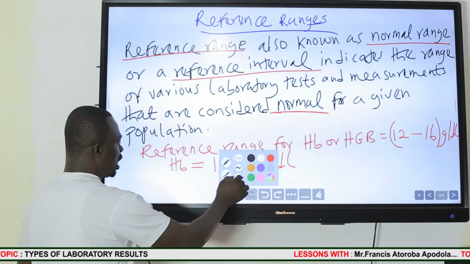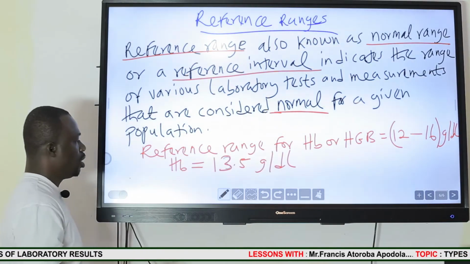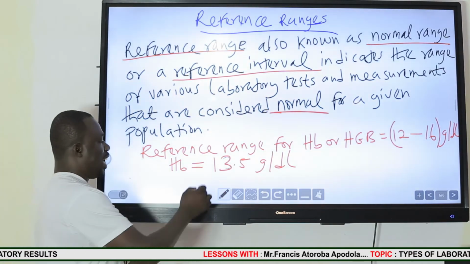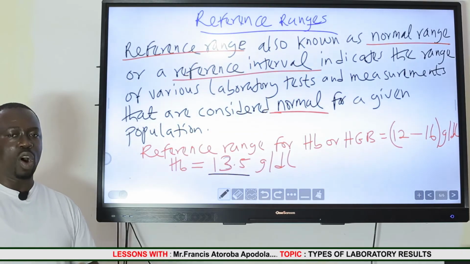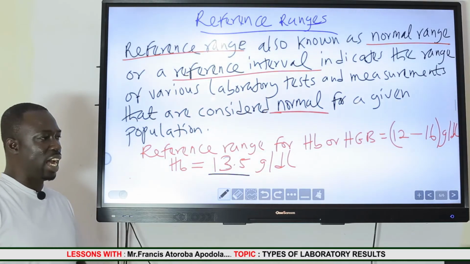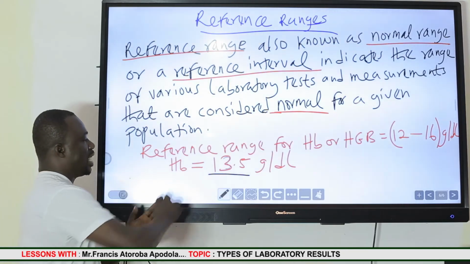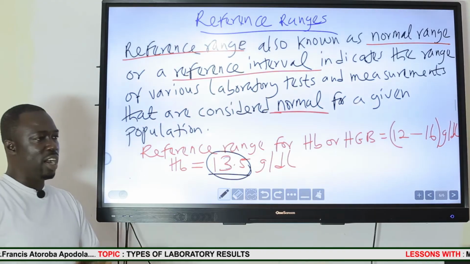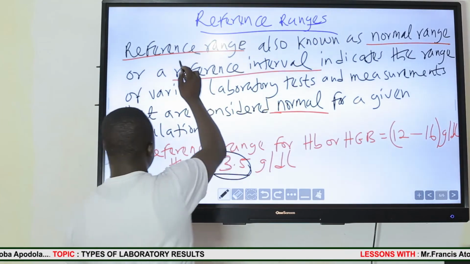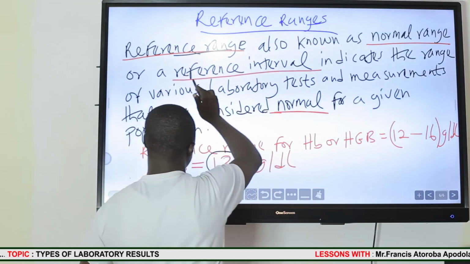How do I know that an HB value of 13.5 is normal or abnormal? This means that we will need something as a guide, and that brings us to the reference range, or normal range, or reference.